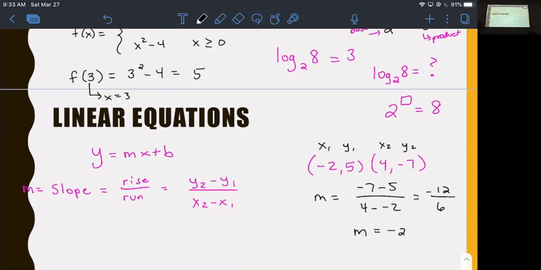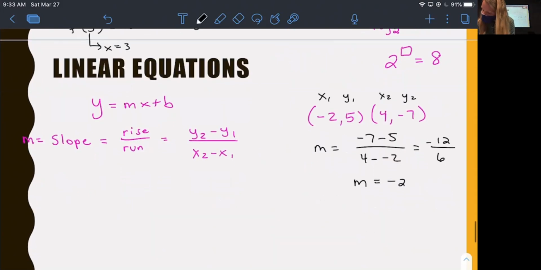What if they actually wanted you to find the entire equation for that line? Well, now we've got to find the y-intercept. So what you can do is take the formula y equals mx plus b and plug into every variable except for b, because I don't know what b is. So I'm given 2 points up there, -2, 5 and 4, -7.